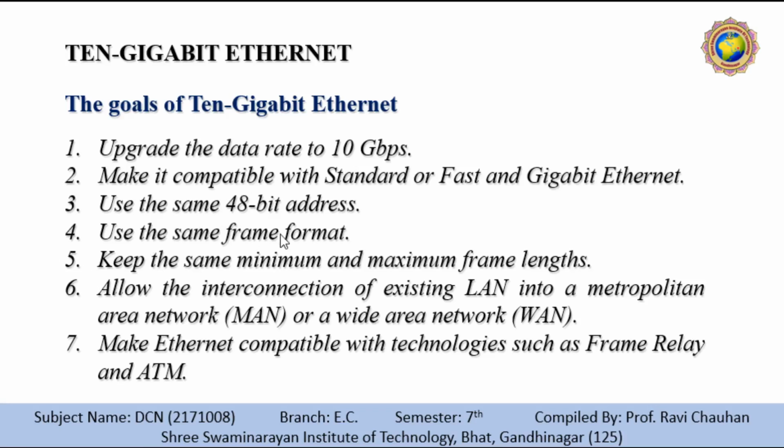It uses the same 48-bit address and also the same frame format. It will keep the minimum and maximum frame length, and it allows the interconnection of existing LANs into a metropolitan area network or a wide area network. It will make Ethernet compatible with technologies such as frame relay or ATM.